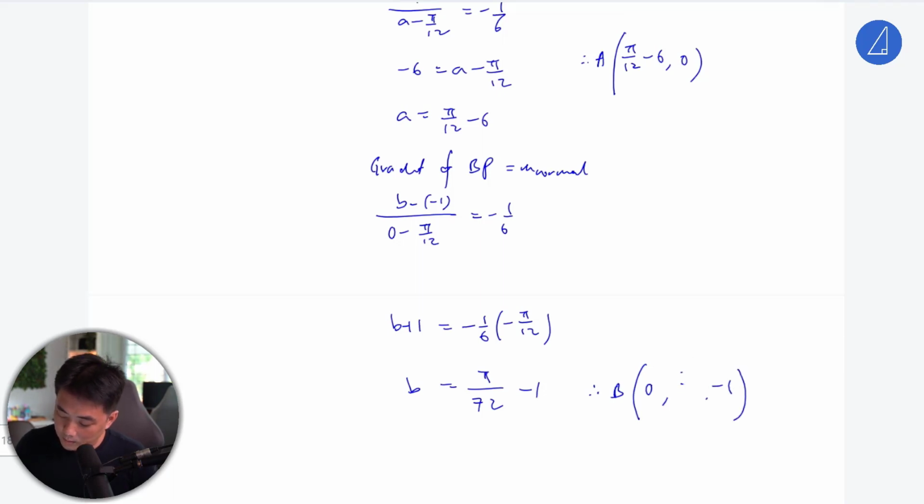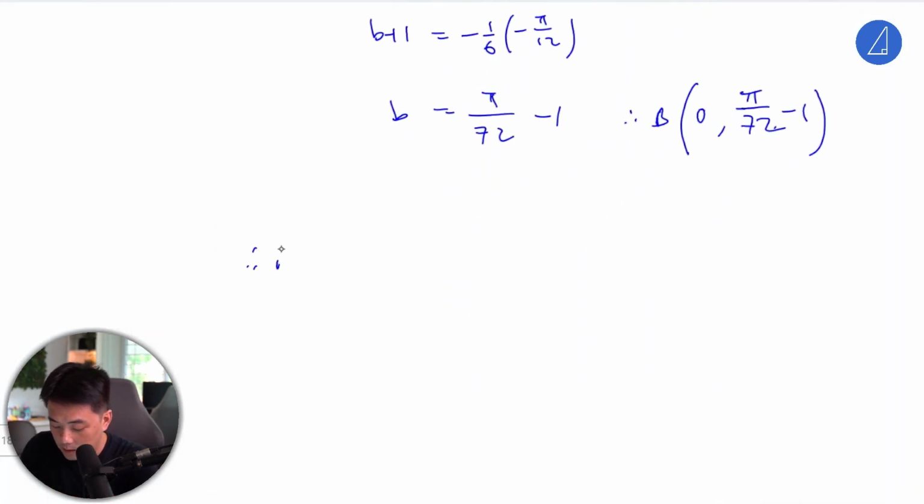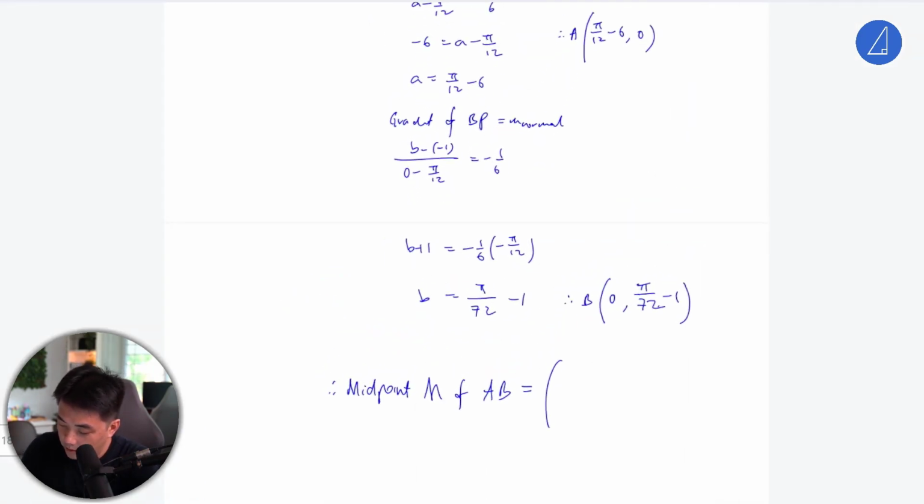You want the midpoint. The midpoint would be the midpoint of AB. Okay, never mind, the midpoint of AB, we just take the average, right? So pi over 12 minus 6 plus 0 divided by 2, and 0 plus pi over 72 minus 1 divided by 2.